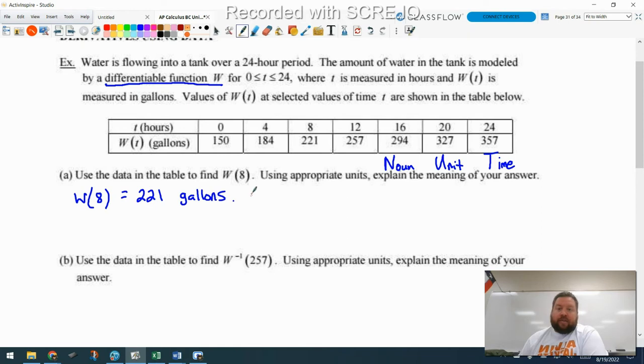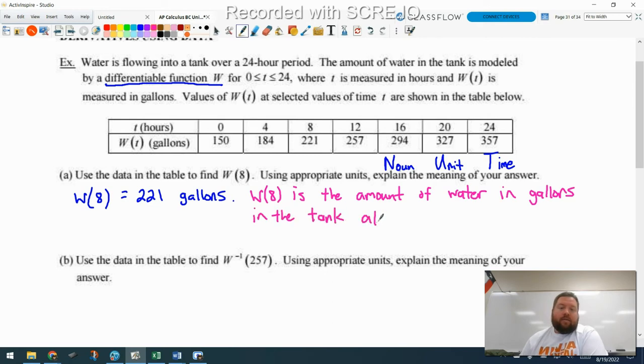All right, so I would say W of 8 is the amount of water in gallons in the tank at T equals 8.